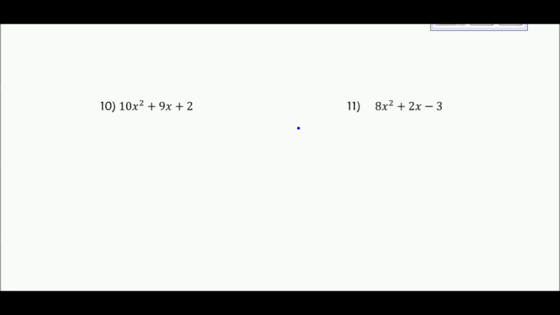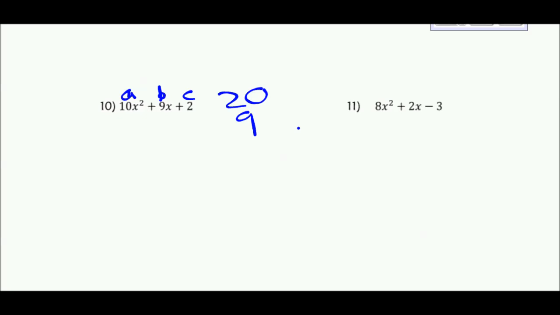Explain loud enough for the computer and your students to hear you. So for the first part, you have to do the A, let's see, you have to multiply these two, so you get 20 over here, and 9 over here.